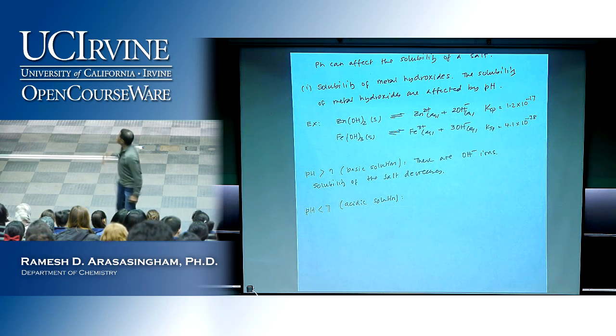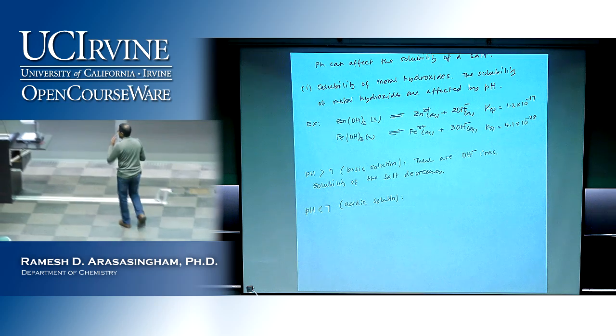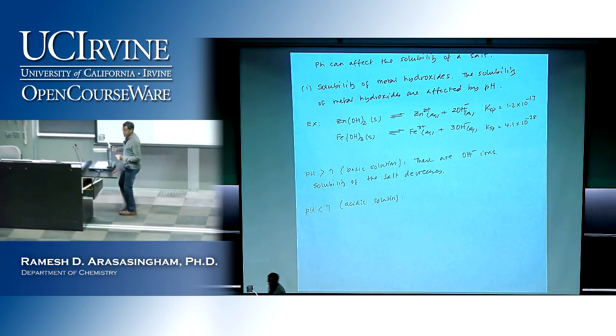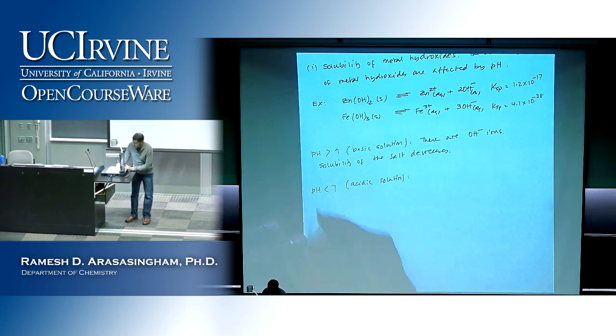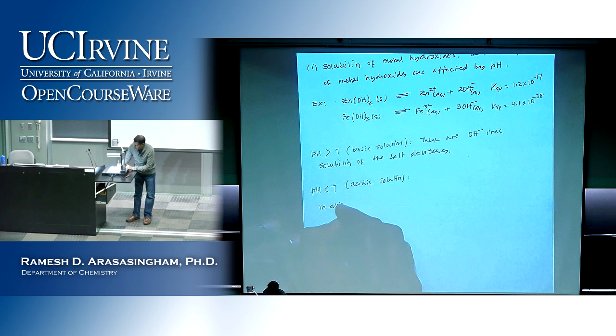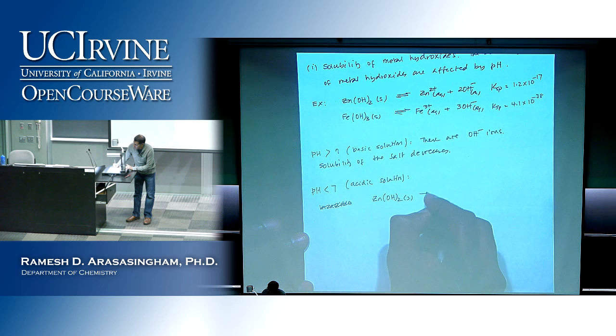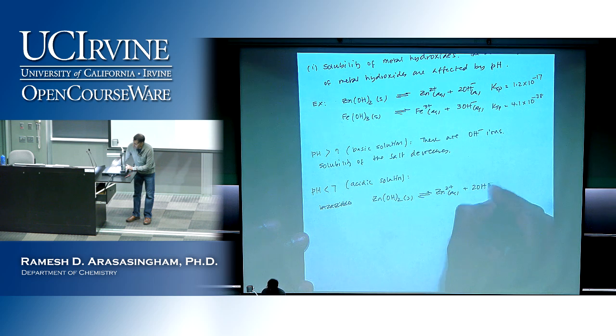Okay? Now, if you put it in acidic solutions, now what happens is that in acidic solution, you're going to have this, let's take zinc hydroxide. So you're going to have zinc hydroxide in equilibrium with zinc 2 plus aqueous plus 2 OH minus.